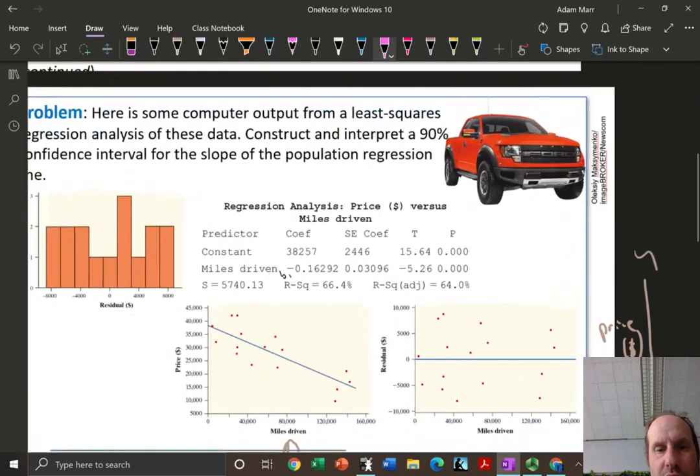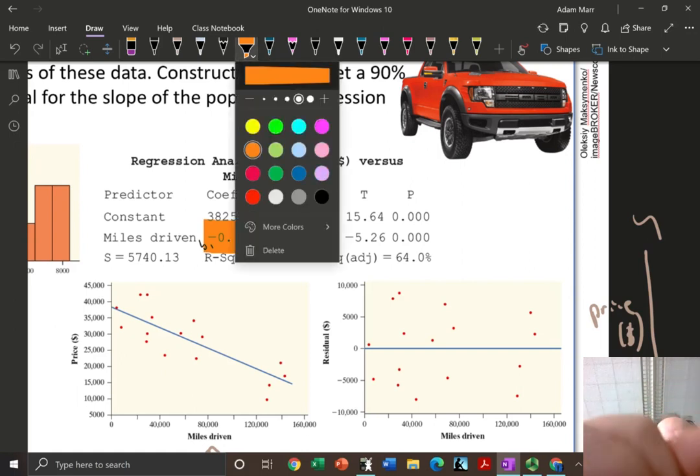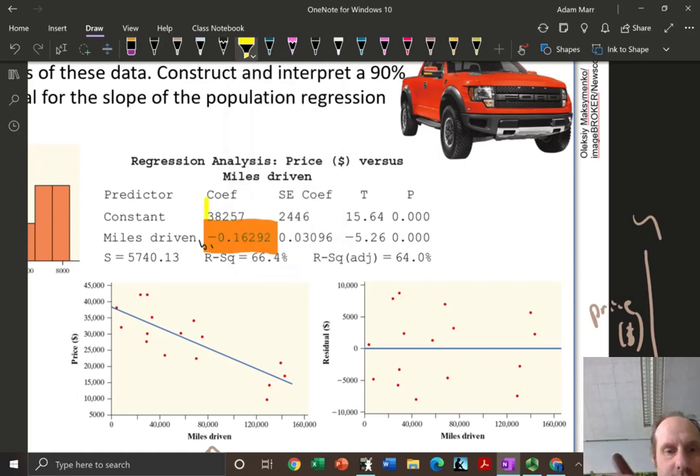So what we want to do is look right into our Minitab table. Actually, let's keep it on orange. That's fine. So this right here is b sub 1. Above it, what I'm going to highlight in yellow, that's going to be b sub 0.